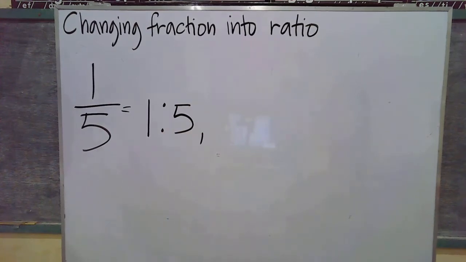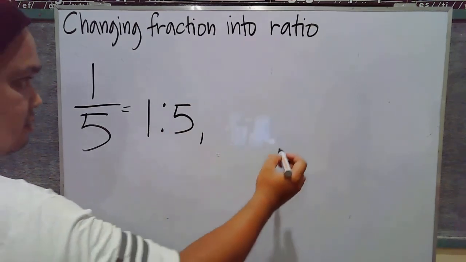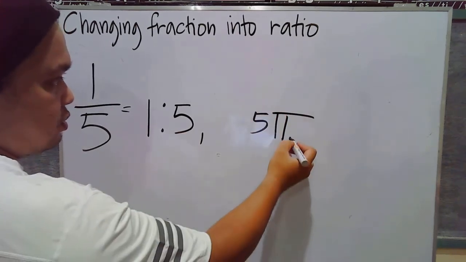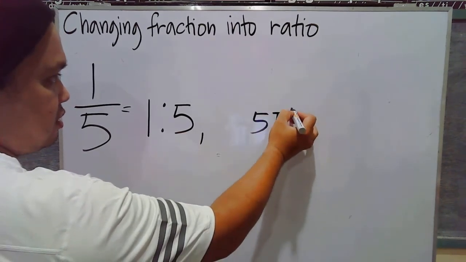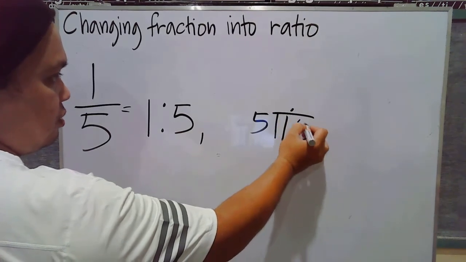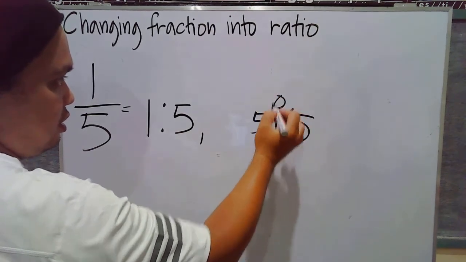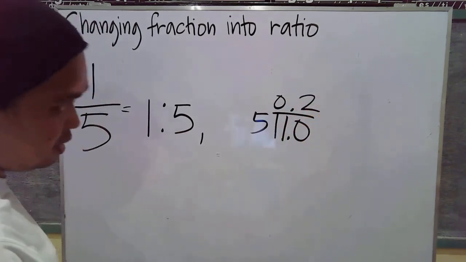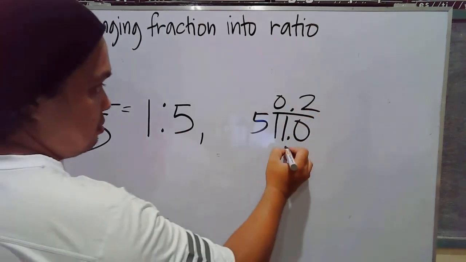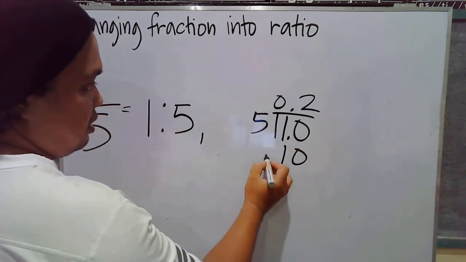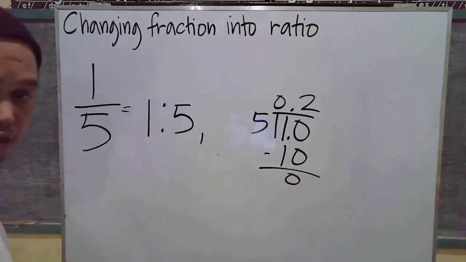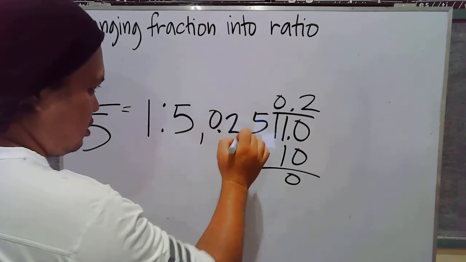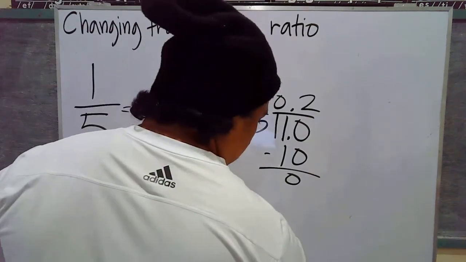Okay, for the decimal number, let's divide 1 by 5. Okay, so 1 cannot be divided, so let's add 0. It's 10. 0 here. Now 10 divided by 5 is 2. Now 2 times 5 is 10. 10 minus 10 is 0. We have 0.2. 0.2 for its decimal number.